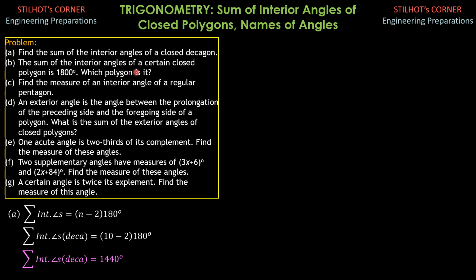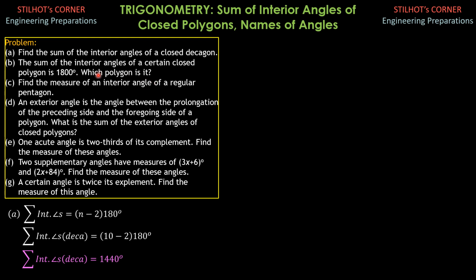So it may be an octagon, an enneagon, decagon, undecagon with 11 sides, dodecagon, tridecagon if it has 13 sides, quadridecagon or tetradecagon if it has 14 sides, or quindecagon if it has 15 sides, and so on and so forth.